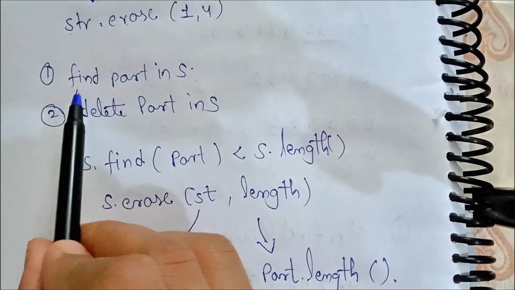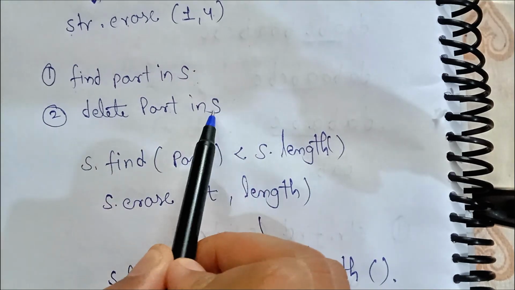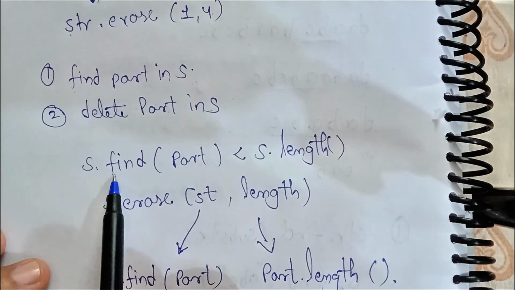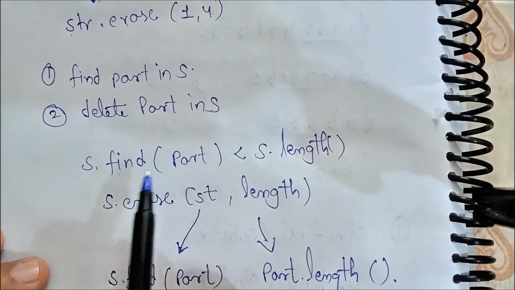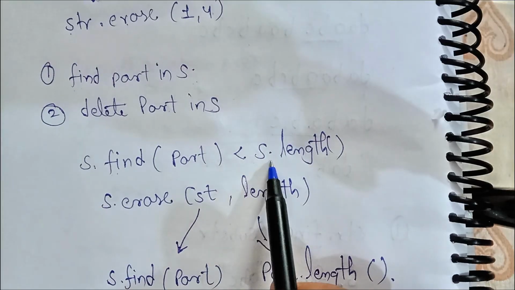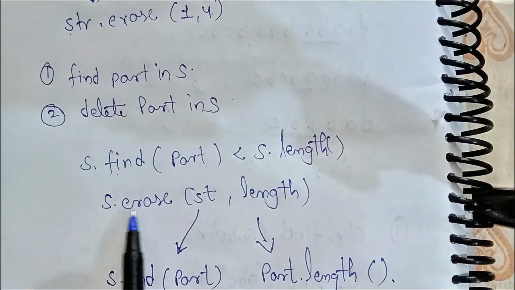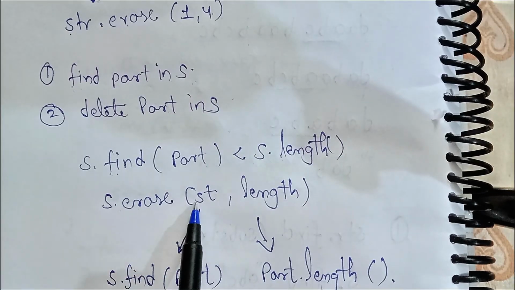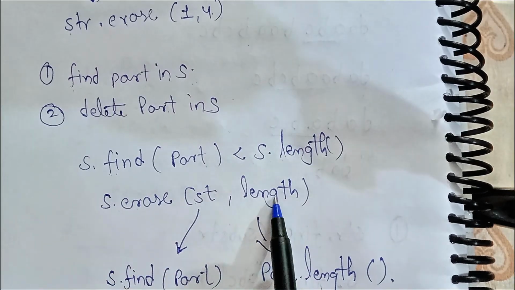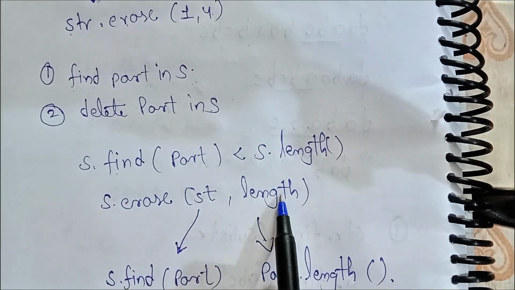So what are we going to do? First we find the part in the string, then we delete that part from the string. For that we use the find function to find the part inside the string, whose length should be less than the string length. After that we erase the part using the starting index and ending index, which means up to which length we want to delete that string.